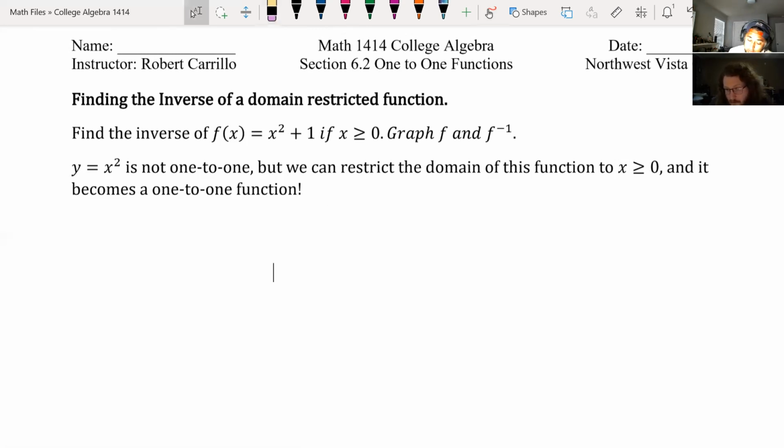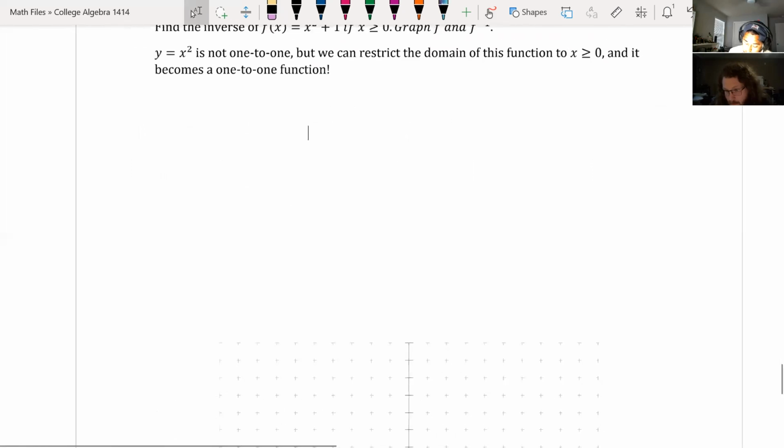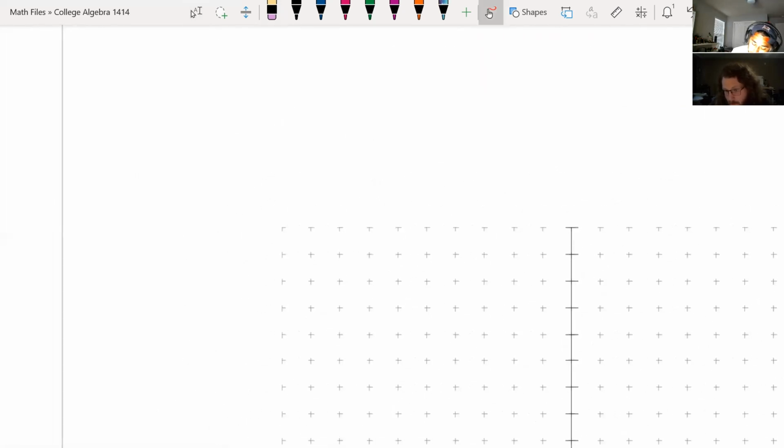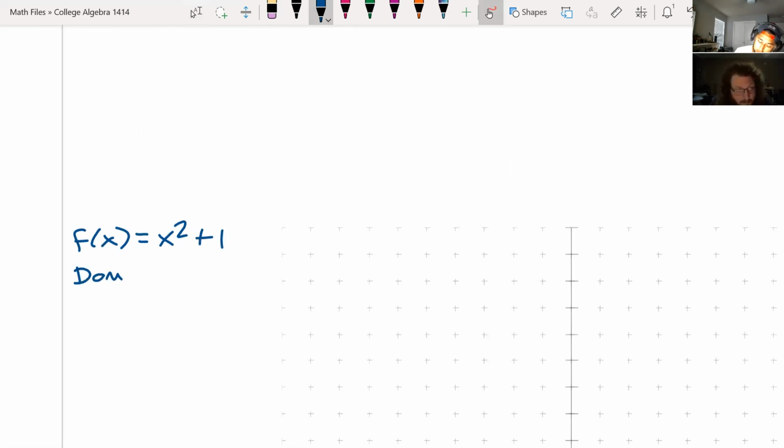So x squared plus 1. All right. So I'll put that info over here on this side. So here's f of x equals x squared plus 1. The domain we just saw is any x value greater than or equal to 0.